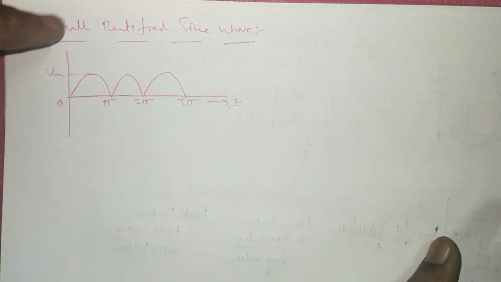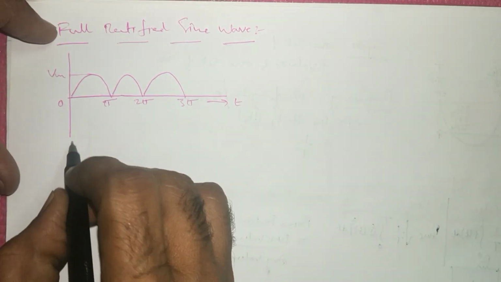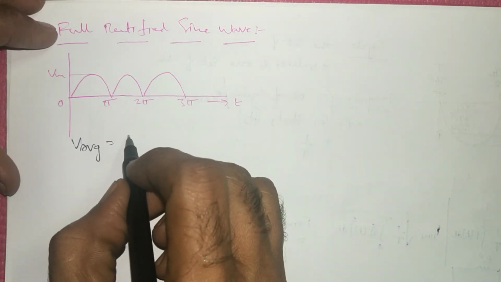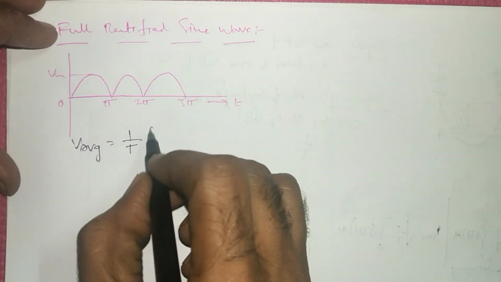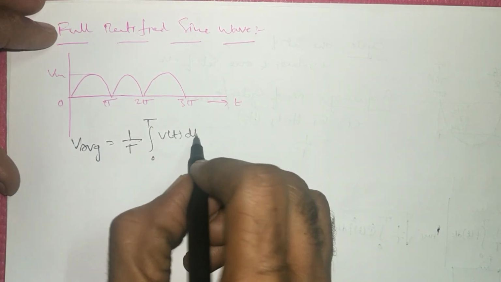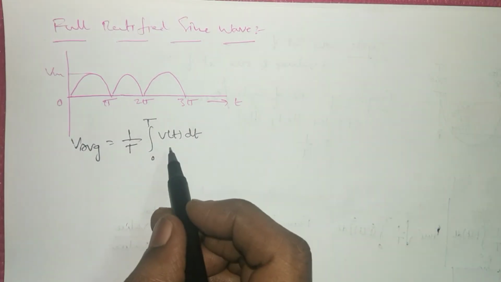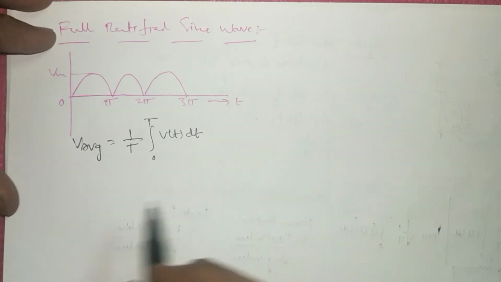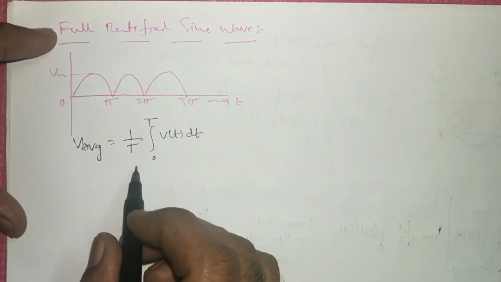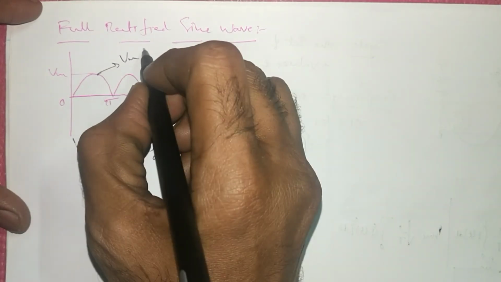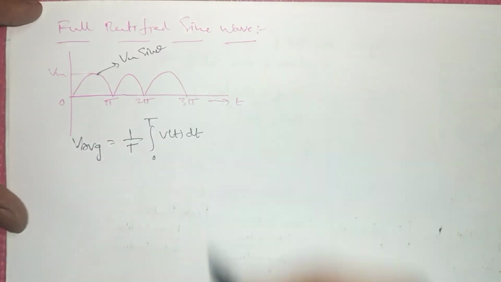We know the equation for finding out the average value. Let us say V average is equal to 1 by T integral of 0 to T V of t dt. This is for time varying functions, but here we are considering in terms of radians, theta. Hence this can be expressed with V equal to Vm sin theta.